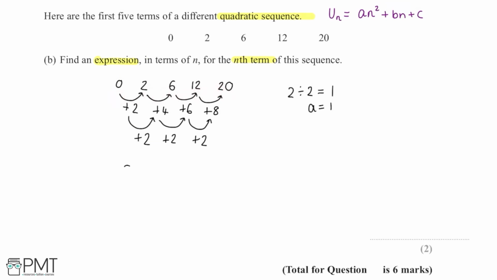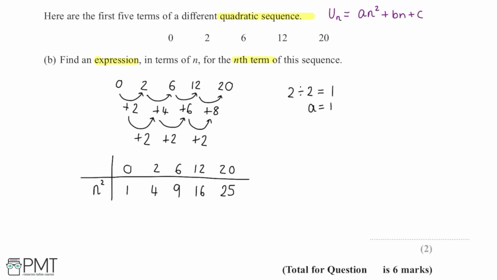So I can write it out again, 0, 2, 6, 12, 20, and then we have another column here, n squared. If I just write that here, at this point n is 1, so 1 squared is 1, and then 2 squared is 4, 3 squared is 9, 4 squared is 16, and 5 squared is 25.